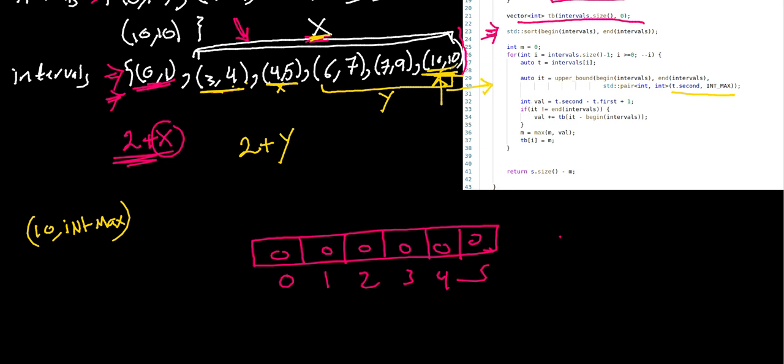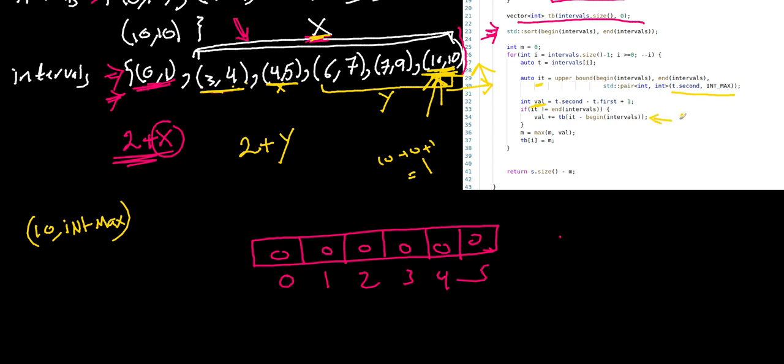In this case, this is the last interval, so the iterator will be the end of the vector, and so this value is the length of the current interval, which is 10 minus 10 plus 1, which equals 1.